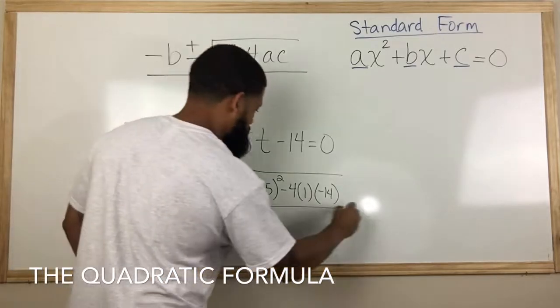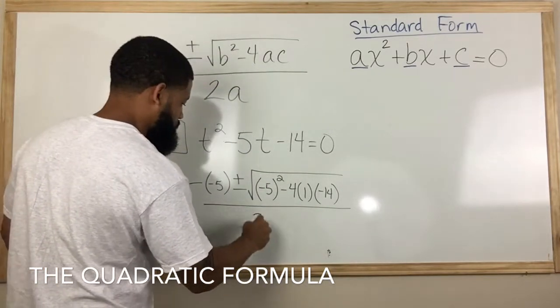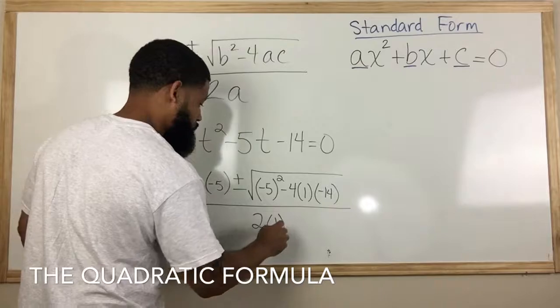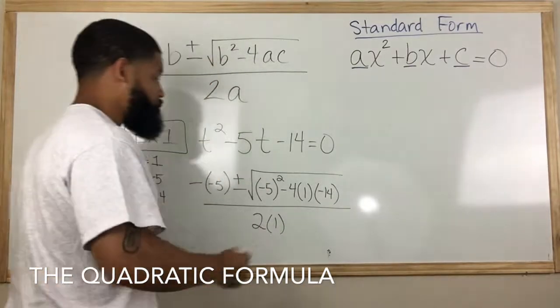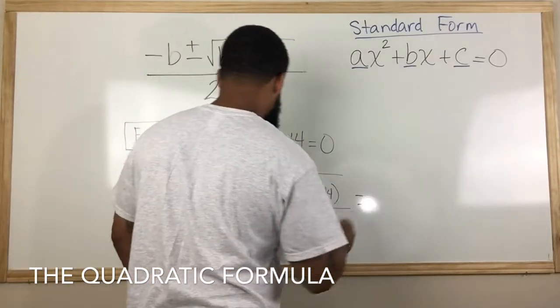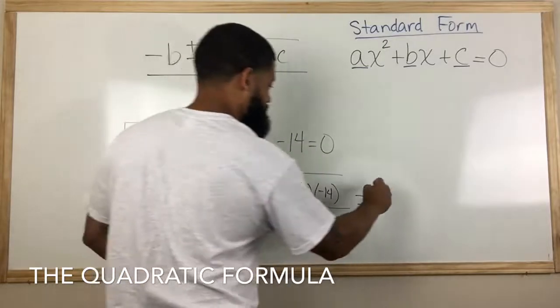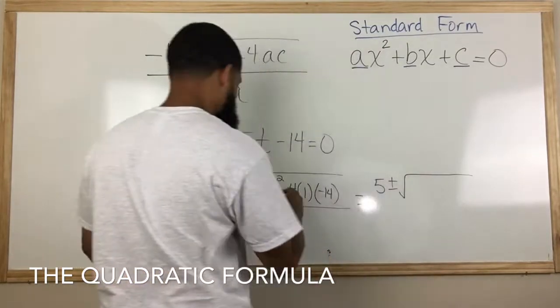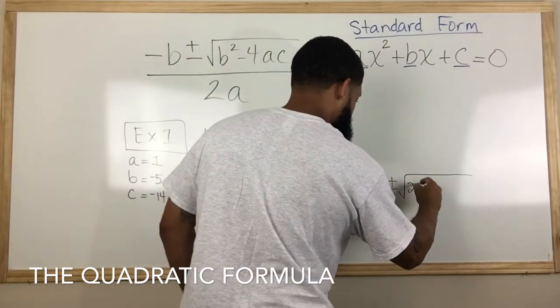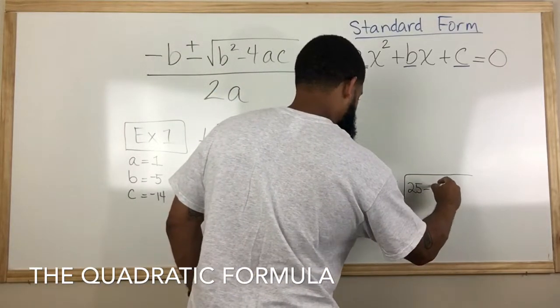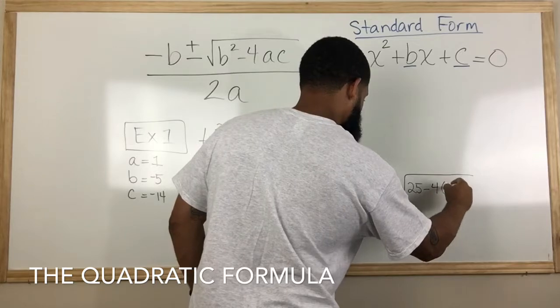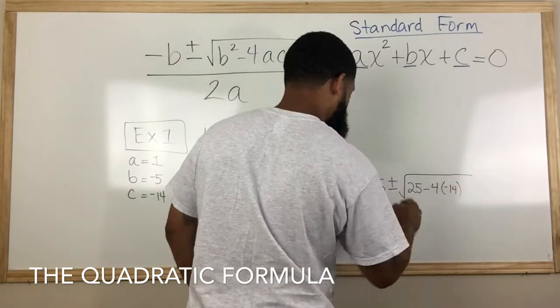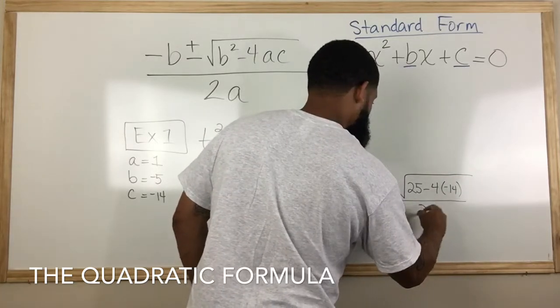And that's all over 2 times 1, okay? So now that we have that, we're just going to continue on. We're going to say the opposite of negative 5 is 5 plus or minus the square root of 25 minus 4 times negative 14, okay? And that's all over 2.